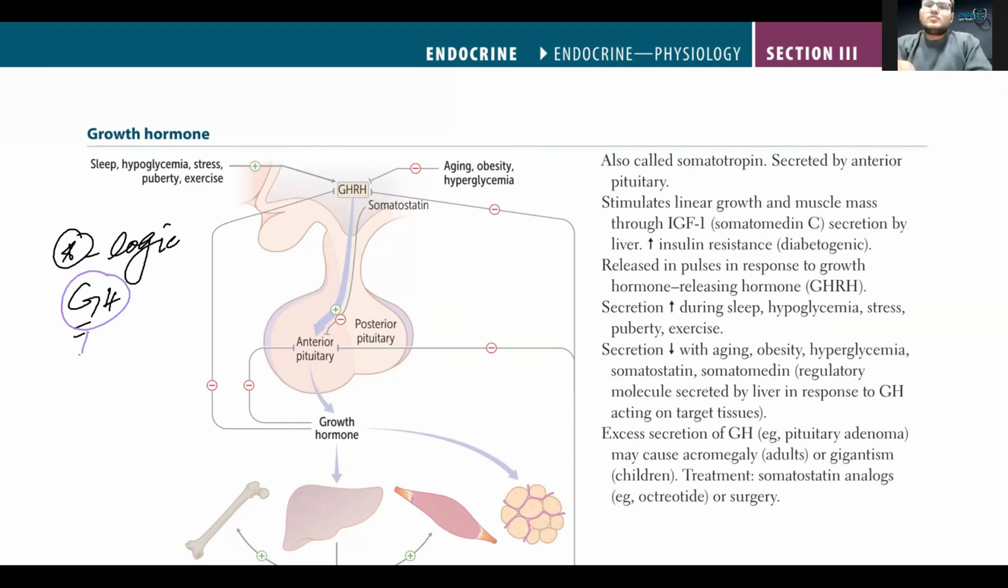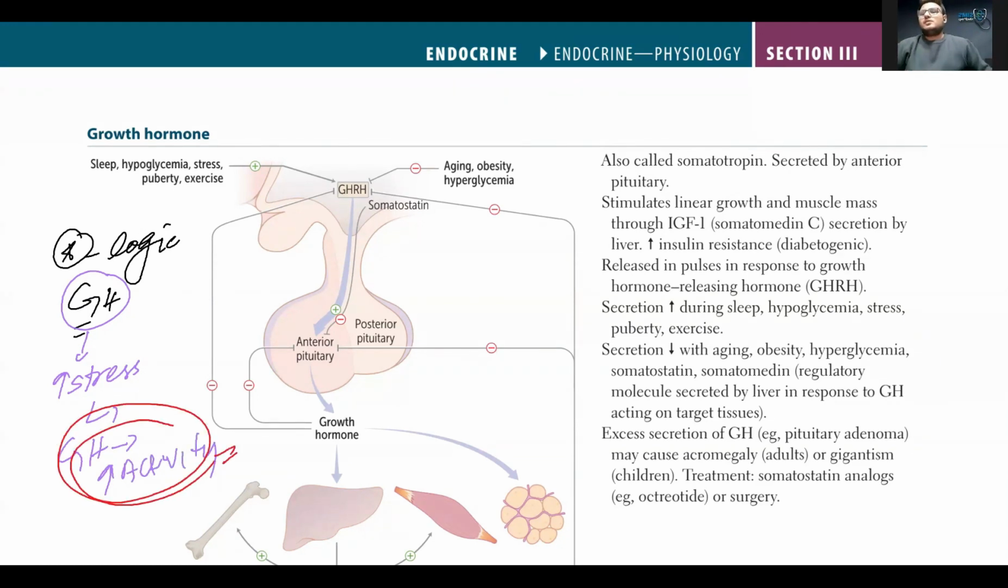Growth hormone also increases in response to stress. But the very important point, and I will differentiate the logic here, is that growth hormone is released more when there is more activity. Super high yield. More activity, more interaction, more going in and out, and more activation of your basal metabolism.